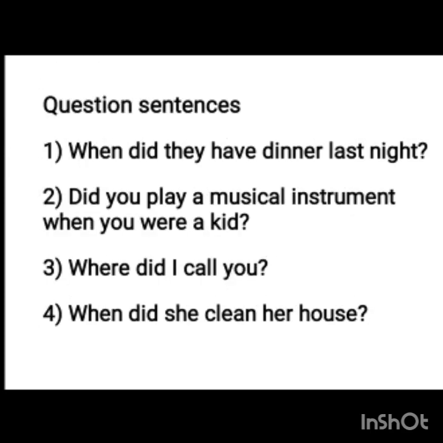And the next, how to frame question sentences in the simple past tense. As we saw already, the basic question words we should put before the main verb or auxiliary verb.